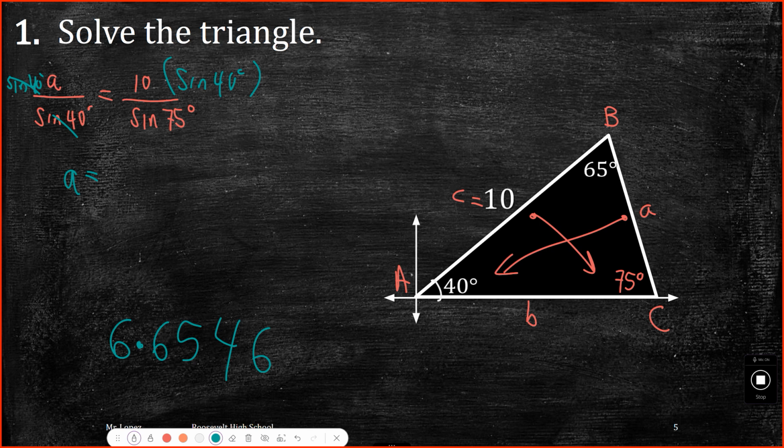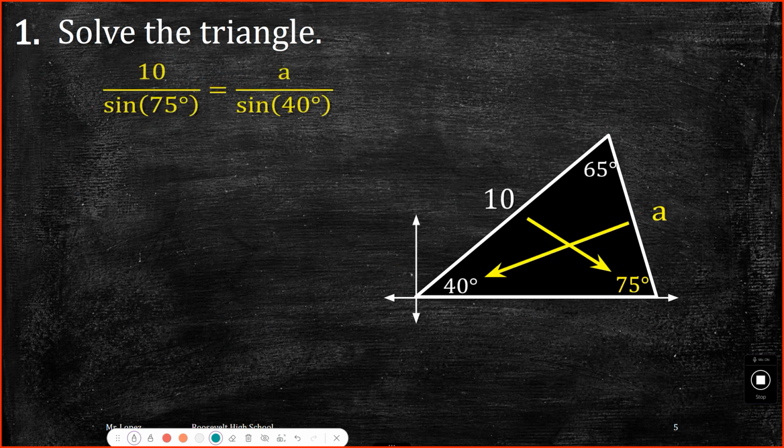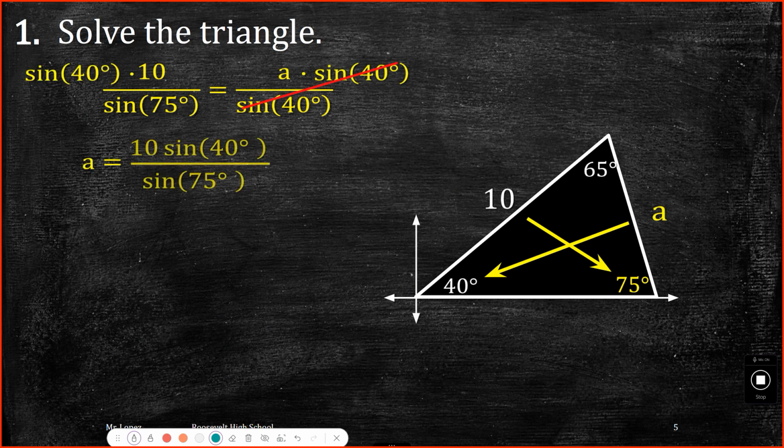Nearest thousandth: 6.655, the 5 makes it go up. In any case, to the nearest hundredth it is 6.65. Make sure you keep it like that, approximately 6.65.